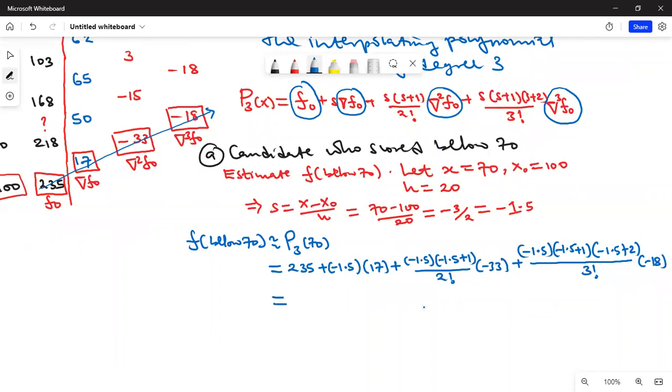So what is the answer? Press that. That will give you 196 candidates. Those are the number of candidates who scored marks less than 70. That means from 0 all the way up to 69. They are 196.